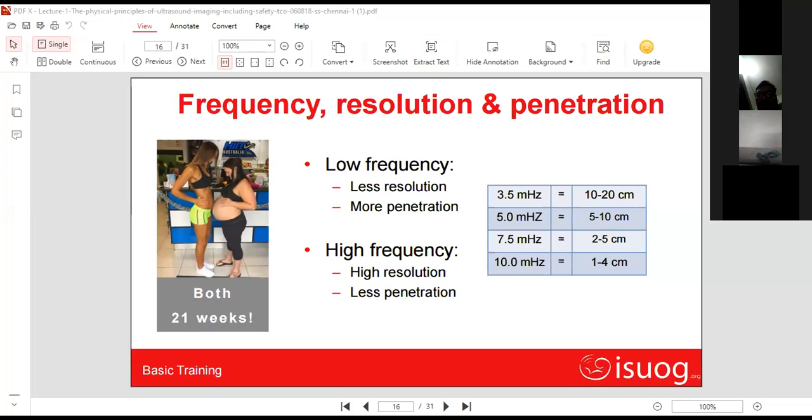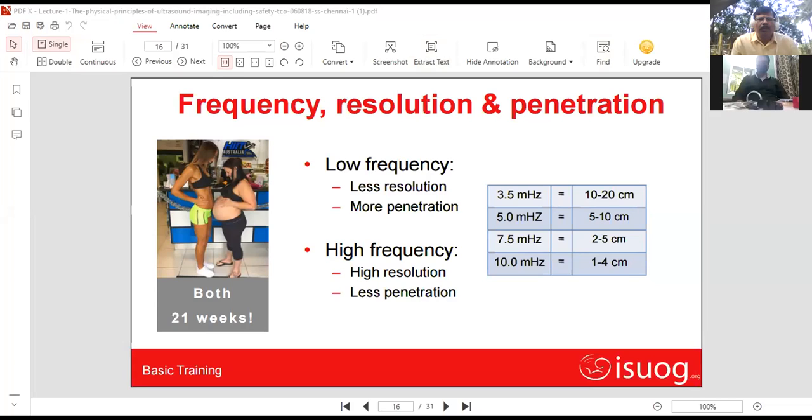The resolution will be less, but the penetration will be more. This is one of the big challenges, because obesity has become a big problem throughout the world, and therefore we have to use low frequency. We have to choose our transducer accordingly.